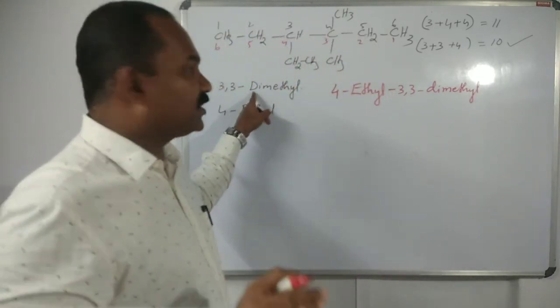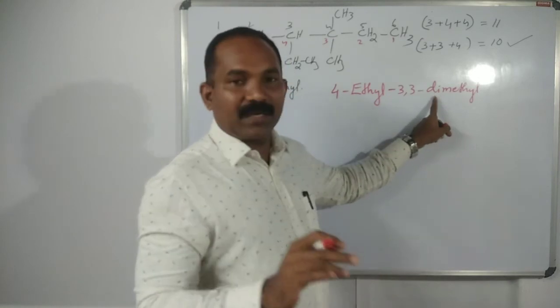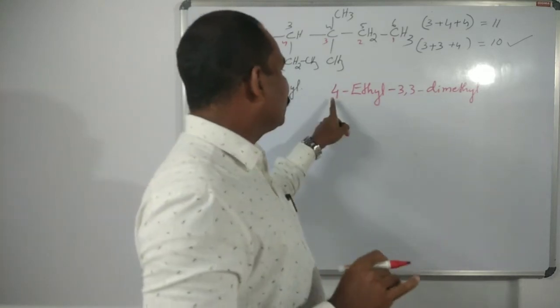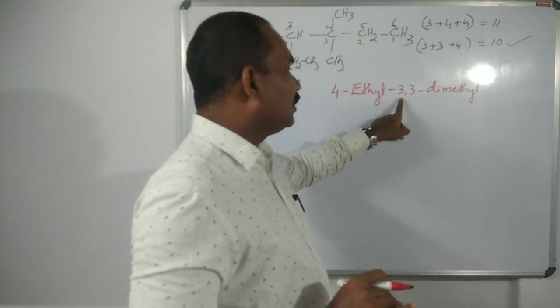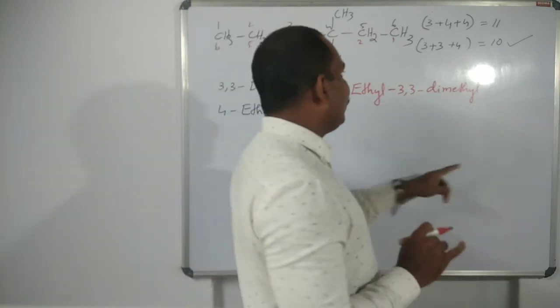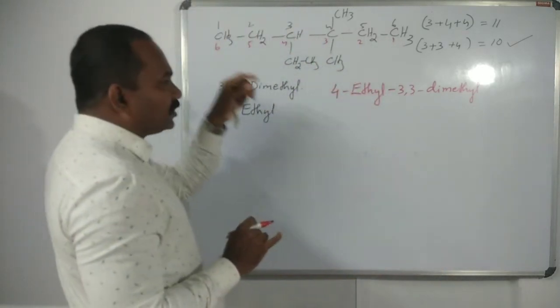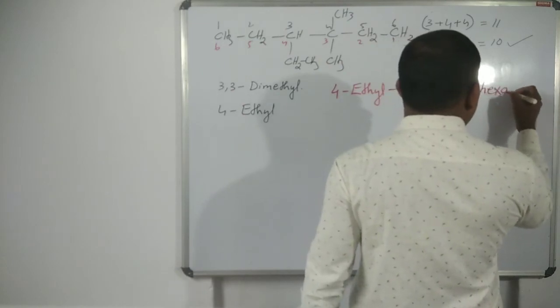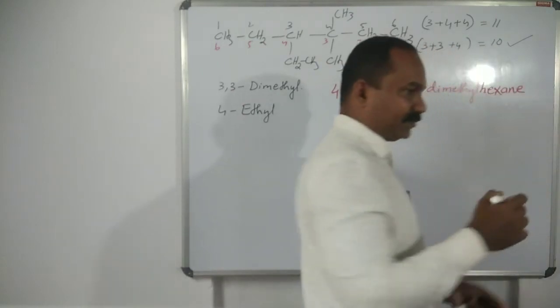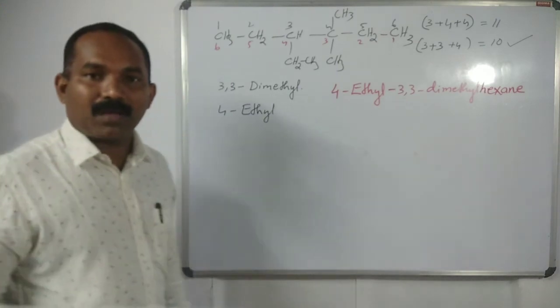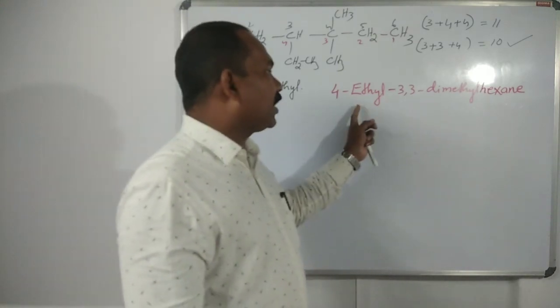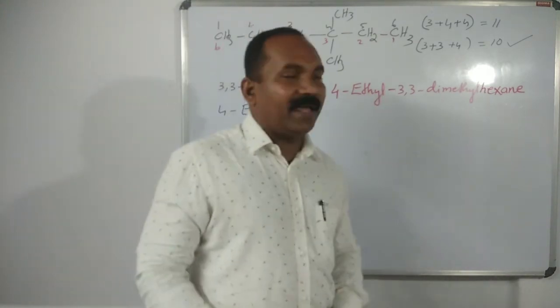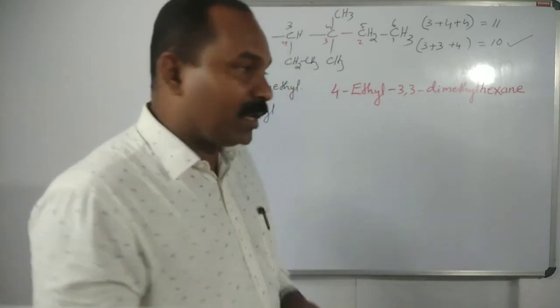D is not capital, the first letter is capital, other letters are small. How many carbon atoms in the parent chain? 6 carbon atoms, so hexane. So 4-ethyl-3,3-dimethyl hexane is the name.